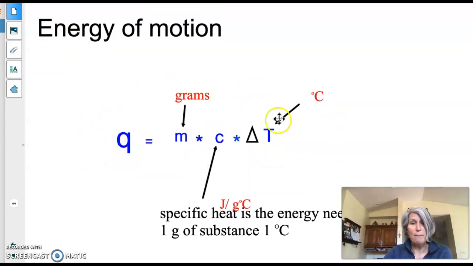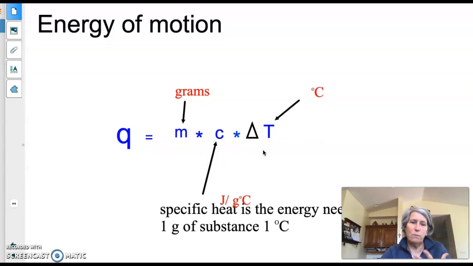Here is another form of the equation, and this is the one that we actually use more. It's what we call the MCAT equation, because this looks like an M and a C, and then the delta, meaning change in temperature, kind of looks like an A. So often in honors chemistry classes and college chemistry classes, we call this the MCAT equation.